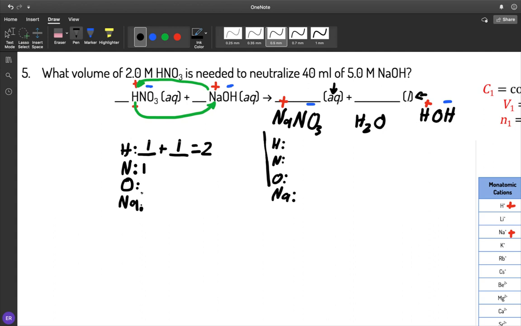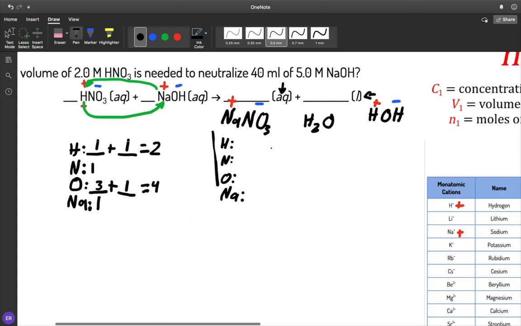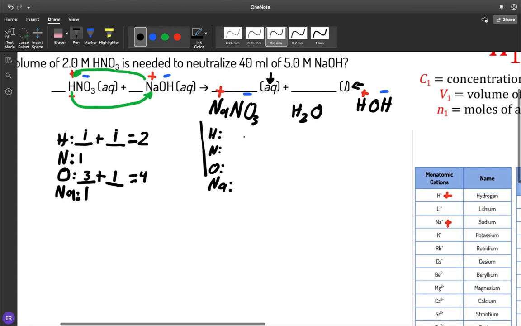Oxygen, we have 3 from our first compound and 1 from our second compound. So 3 and 1, which makes 4. And Na, we only have 1 Na.